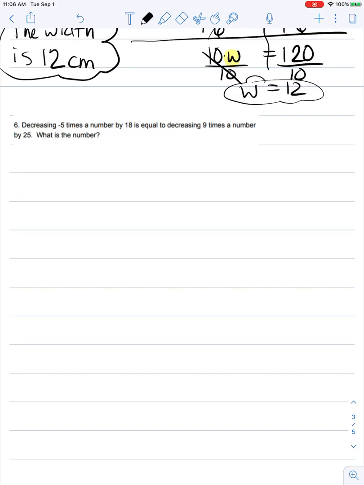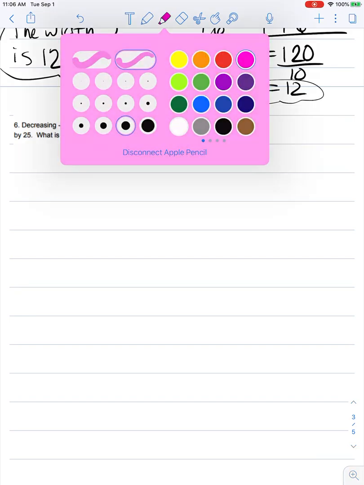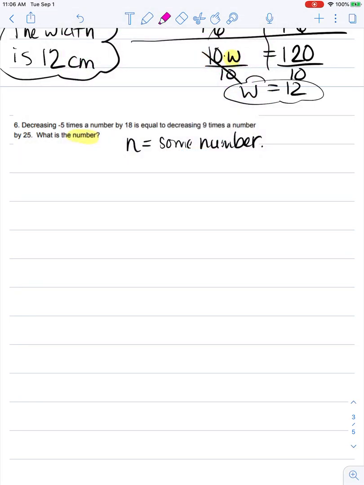Decreasing negative 5 times a number by 18 is equal to decreasing 9 times a number by 25. What is the number? So since we're talking about a number, again, I'm going to use n for some number. Okay, next I'm going to find keywords to write my equation. So decreasing -5 times a number by 18 is equal to decreasing 9 times a number by 25.